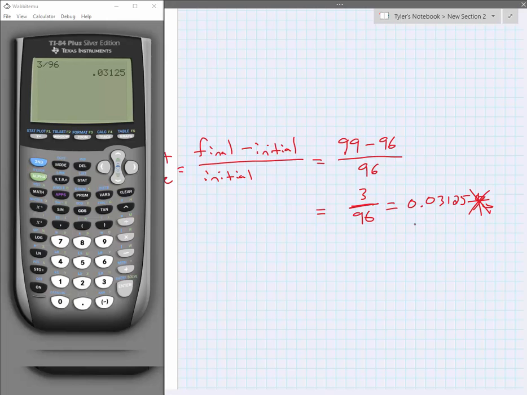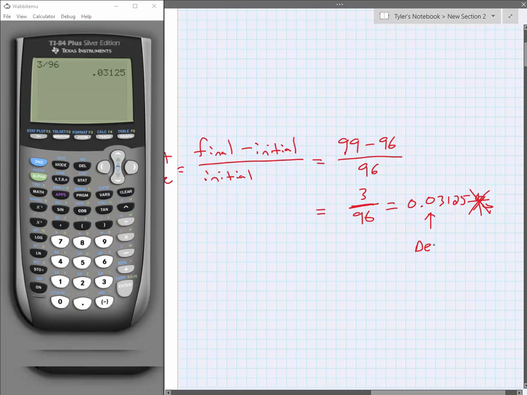When you looked at the basics of percentages, you would have noticed that a percent can be in decimal form, fractional form, or percent form. So this is in decimal form, and it's important to remember what form we're in. If we want to put an answer in a box with a percent sign afterwards, I need to convert this.